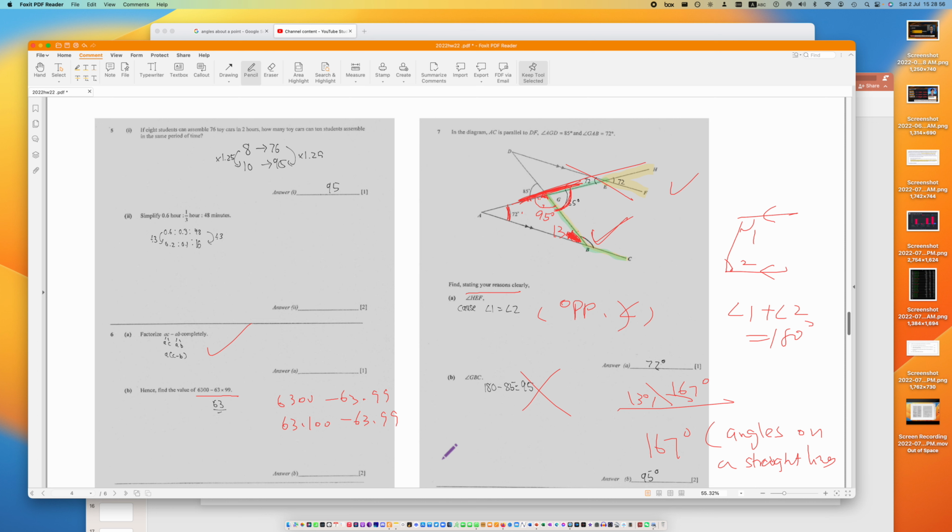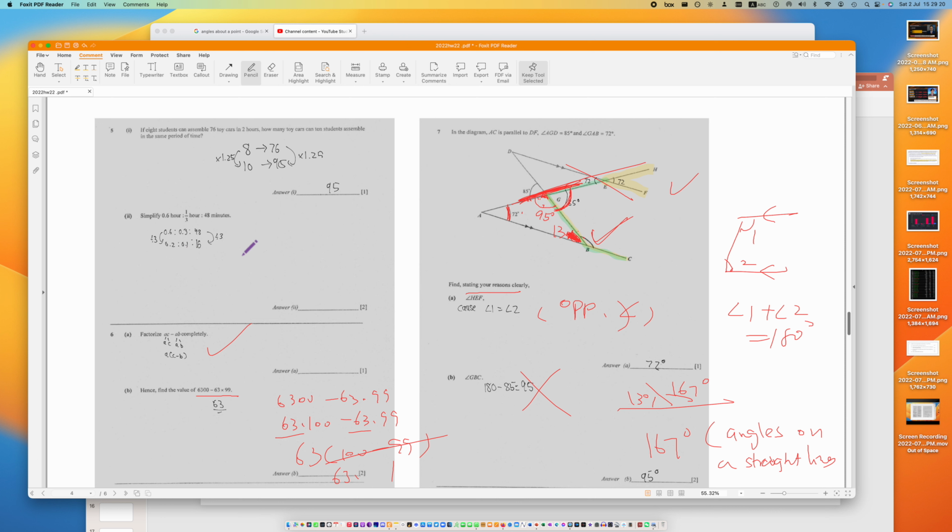Take out the common factor, 100 minus 99, what's the answer then? It gives you 1, so 63 times 1 is 63.